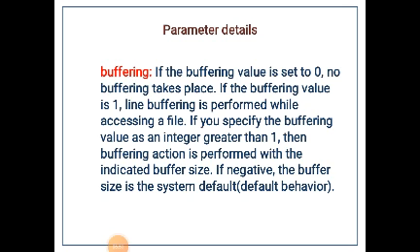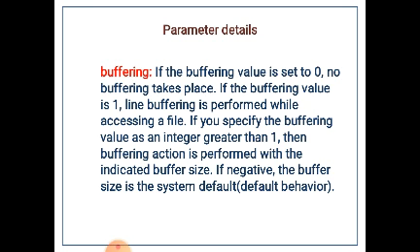Now the next one, buffering. What is buffering there? If the buffering value is set to 0, no buffering takes place. But if the buffering value is 1, line buffering is performed while accessing a file.